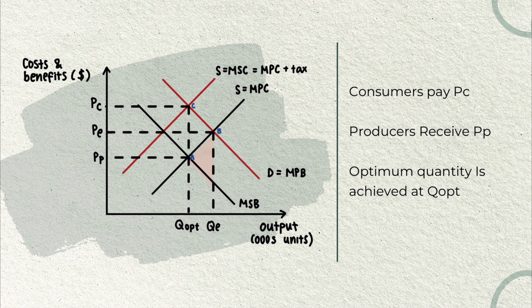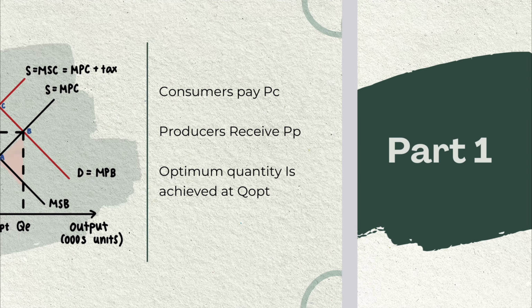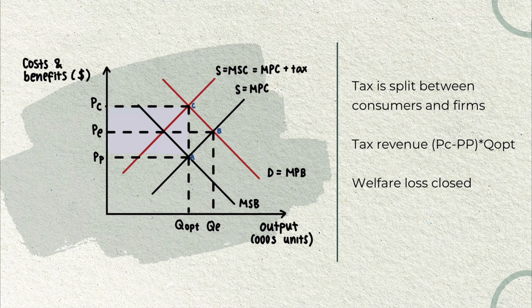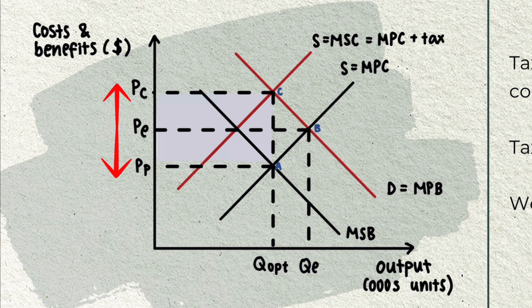With regards to government revenue, the consumers will pay a price of PC and the producers will receive a price of PP, and the optimum quantity is achieved at QOpt. Similar to the other tax diagram, link in the description below, as you can see, the tax is split between the consumers and the firms.